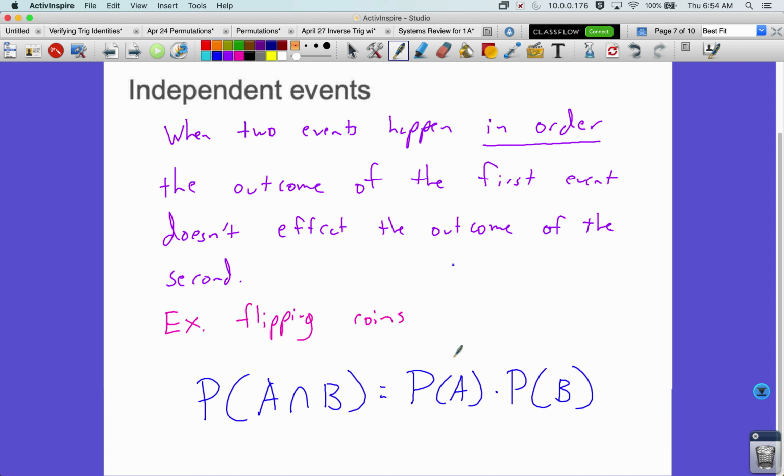If you got a 1/2 chance and a 1/2 chance, them happening together is 1/4, as long as they're independent. Dependent is where it gets kind of confusing.